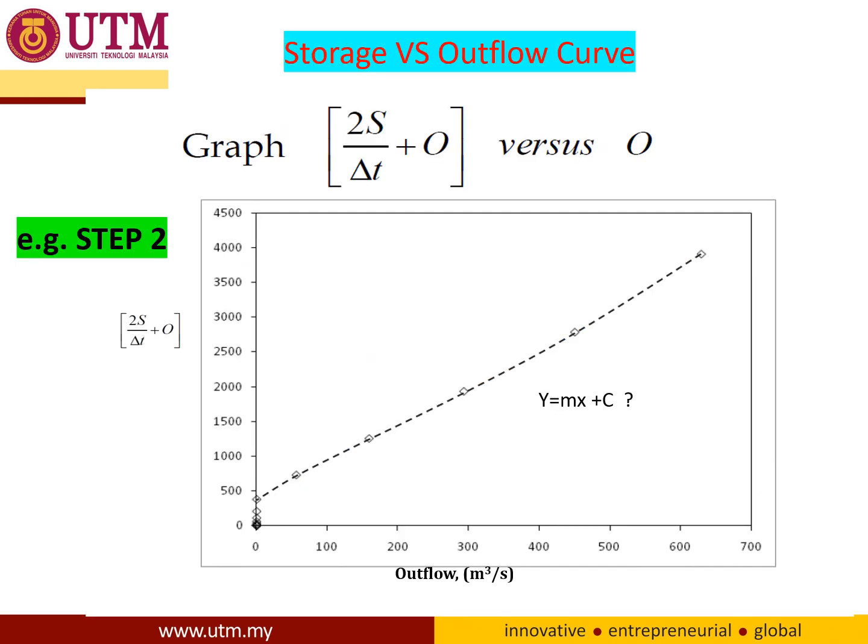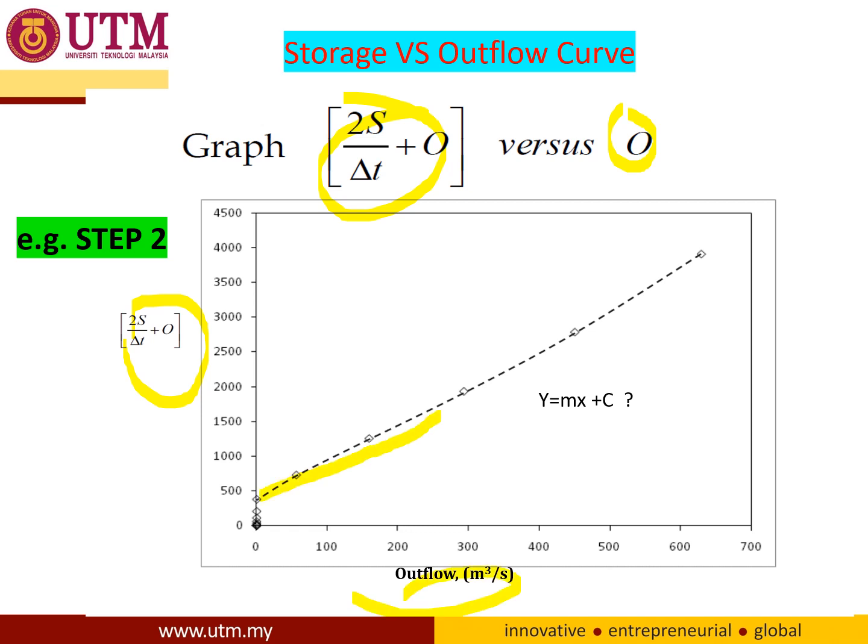So using those values, you have determined, and you need to plot the graph. This storage versus the outflow. The y-axis is the storage, and the x-axis is the outflow.